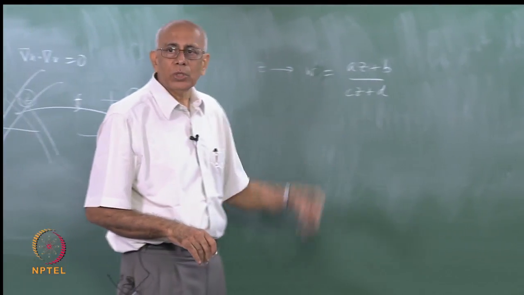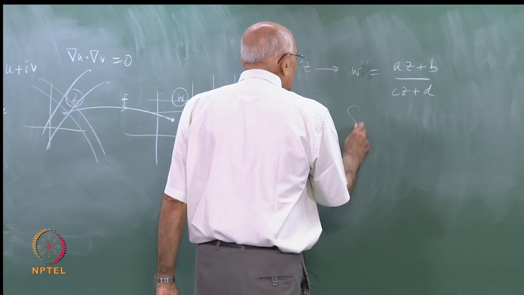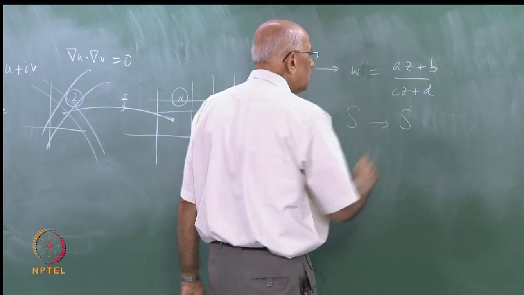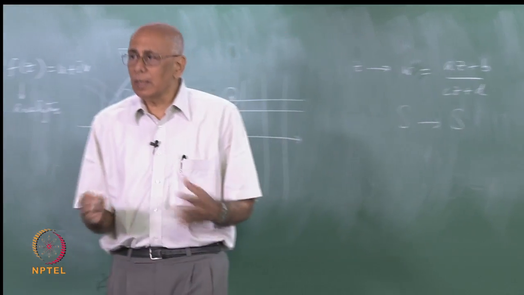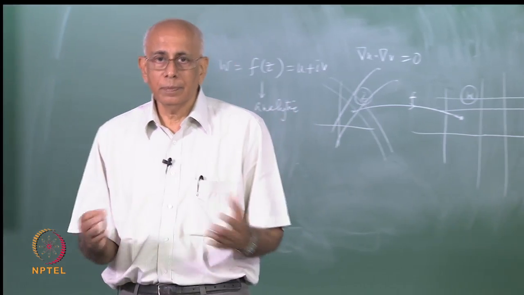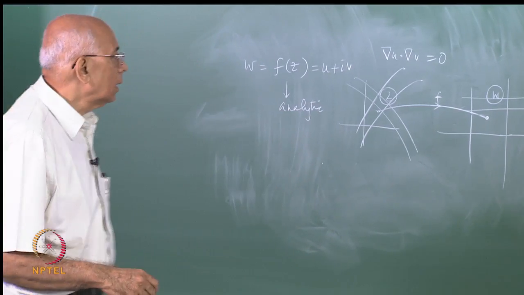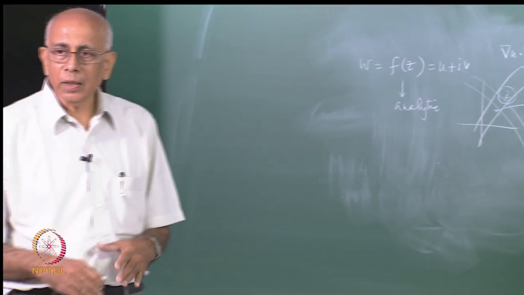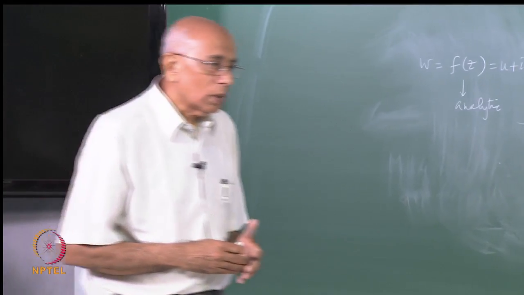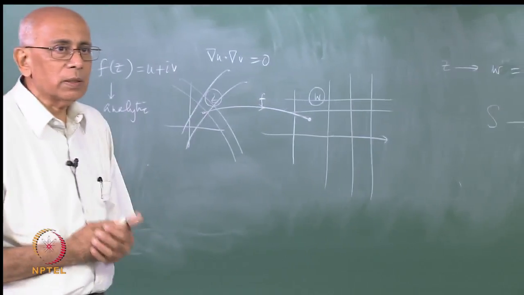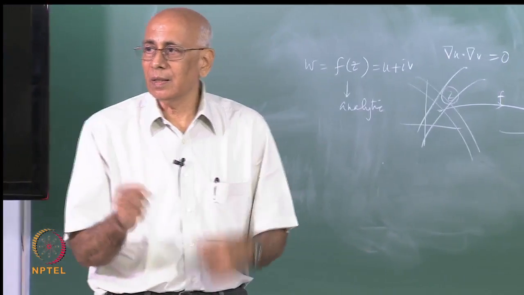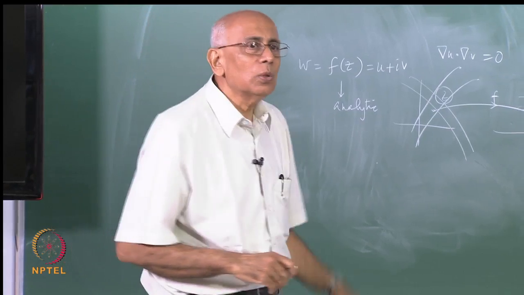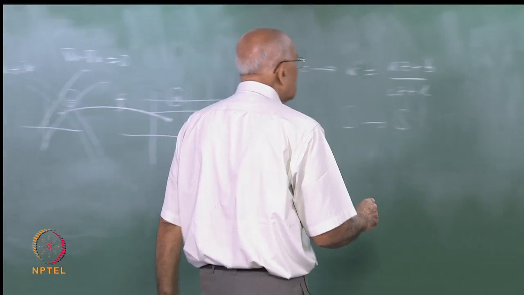So this is the most general map of the Riemann sphere S to the Riemann sphere S which is analytic and invertible. And this kind of map has a very large number of names, one of which is linear fractional transformations, sometimes they are called fractional linear transformations, but we are going to use for this the term Möbius transformations.